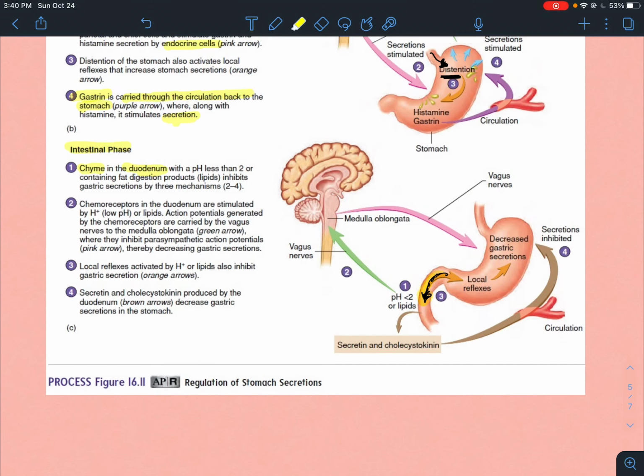At this point, we want to slow down the gastric part of digestion. And we do this with hormones, I should say. With hormones that are being secreted, in this case, by the duodenum. The hormones that are secreted by the duodenum are known as secretin and cholecystokinin.